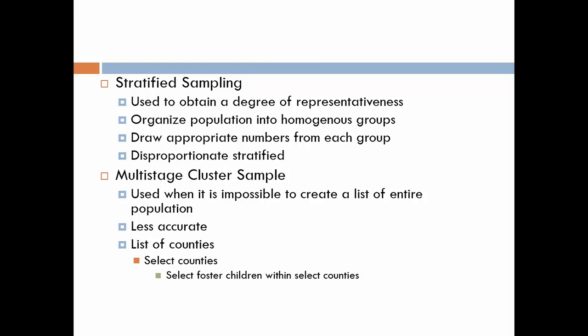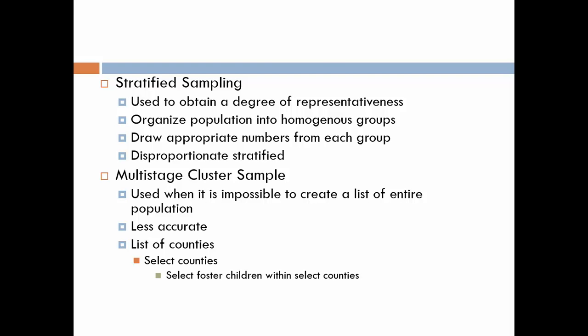And then the fourth one is called multistage cluster sampling. This is used when it's impossible to create a list of the entire population. This is how the federal government came up with the sample for the study I used for my dissertation. It's absolutely impossible to come up with a list of all the foster kids across the entire country. So they made a list of the counties, which is still quite extensive.